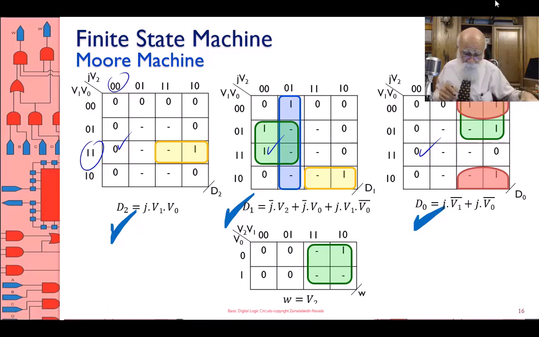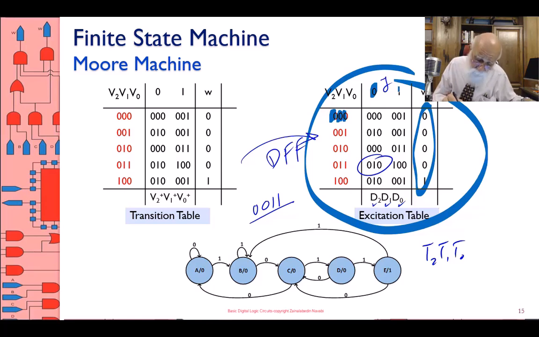Let's, for example, look at the row V2 = 0, V1 = 1, V0 = 0, with input 1, 0, 1, 0.